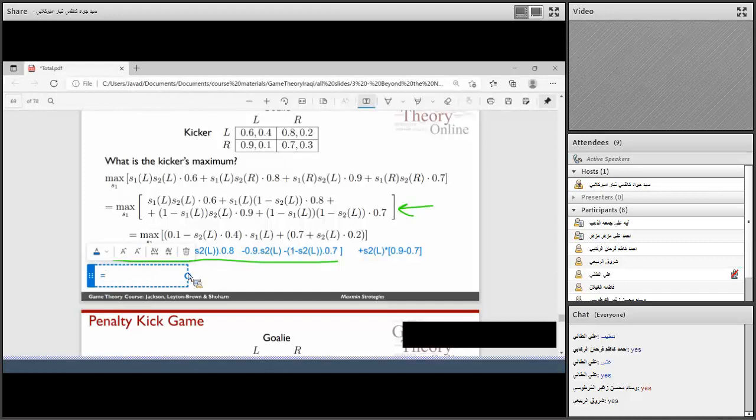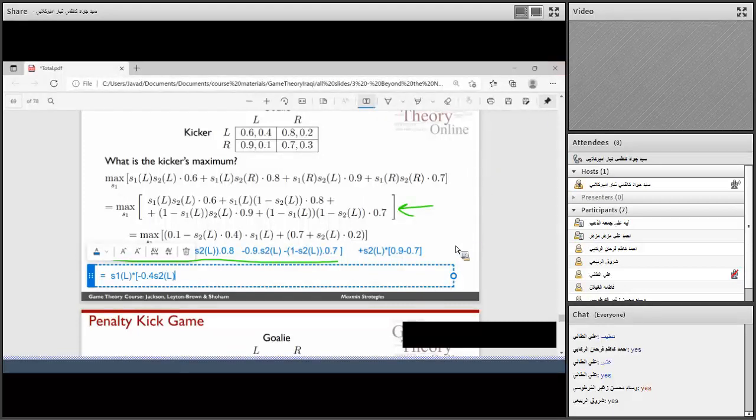Equals S1 of L times, open brace, minus 0.4 S2 of L. That's for that.